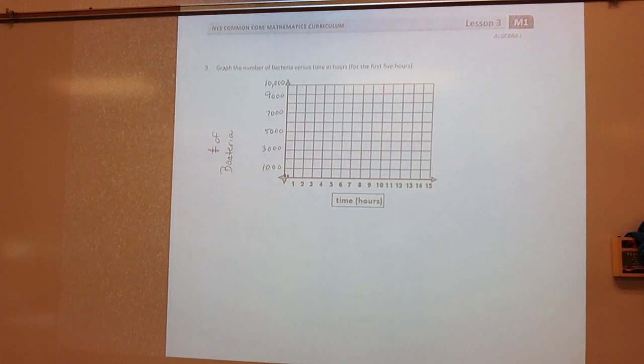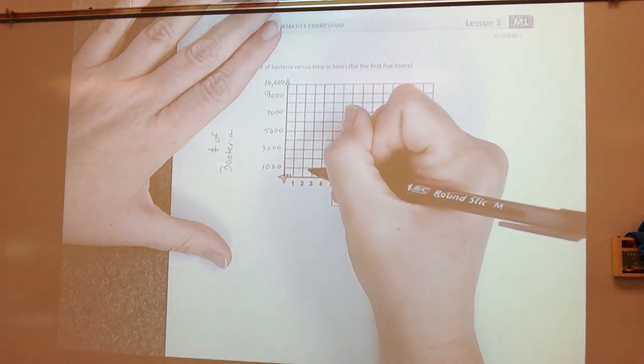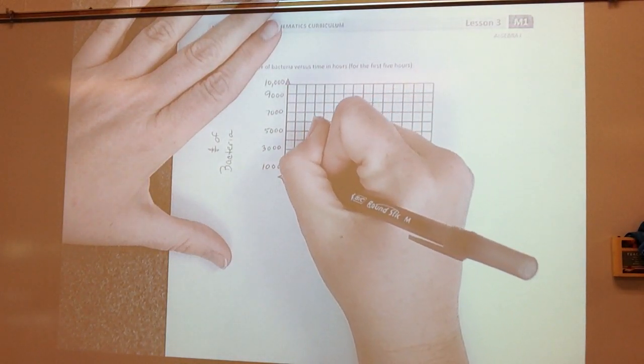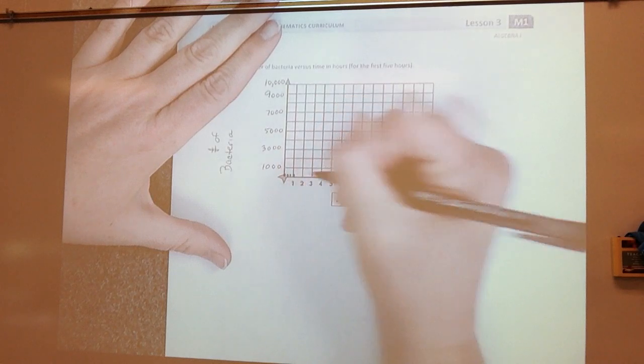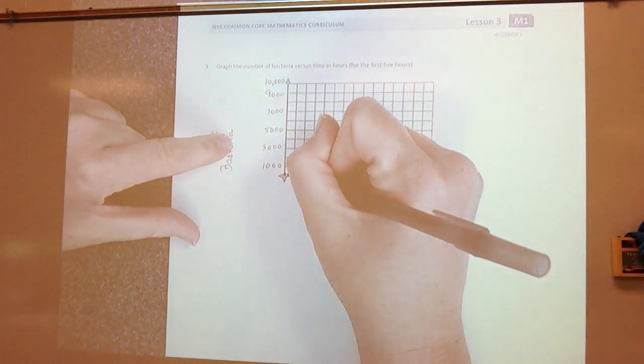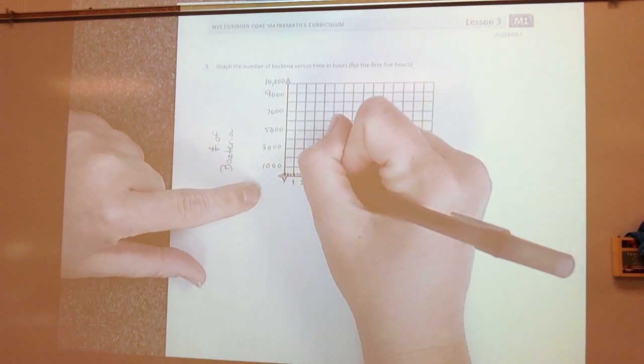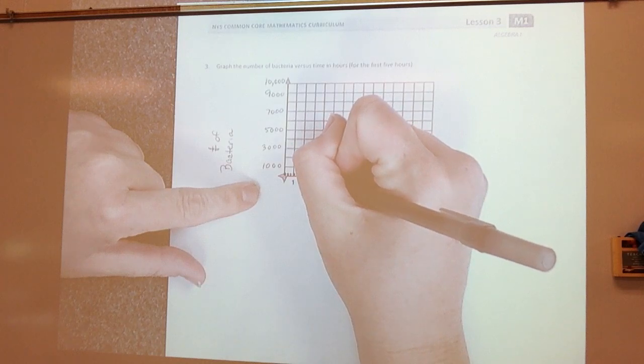All right, at 40 minutes, I've got 8 bacteria. At 1 hour, I have 16 bacteria. Once again, guys, notice my dots aren't moving. All right, so now I've got 80, 100. At 2 hours, I'm at 128 bacteria.